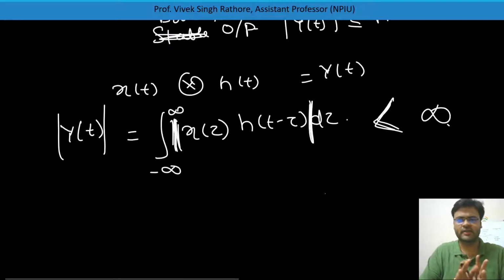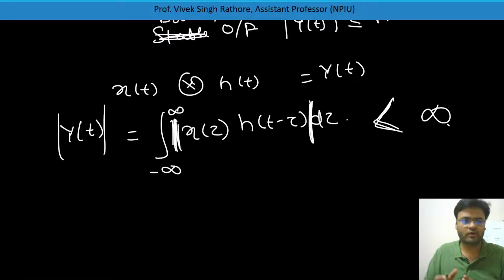For a bounded input we get a bounded output, so this magnitude should be less than infinite, and this product should also be less than infinite.